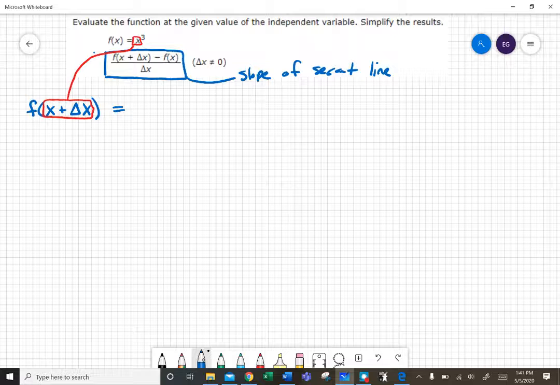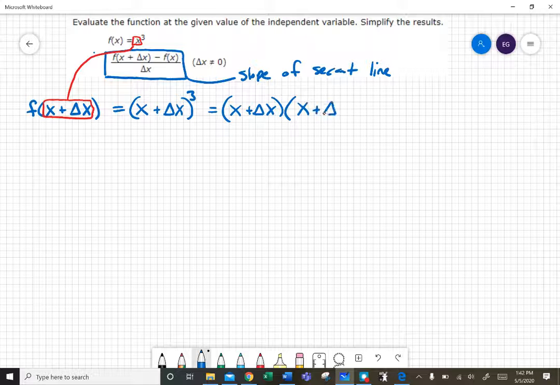Our function is x cubed, so instead of x cubed we have x plus delta x cubed. All right, so let's expand that. We're going to have to multiply out, so that's x plus delta x times itself 3 times: x plus delta x times x plus delta x times x plus delta x.